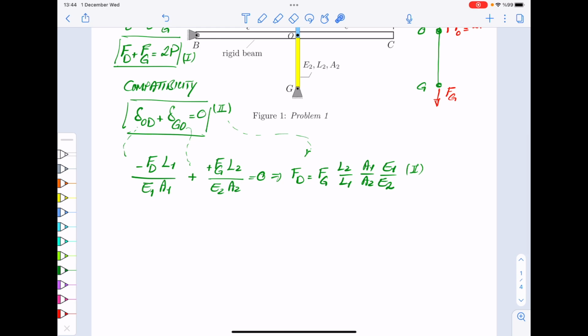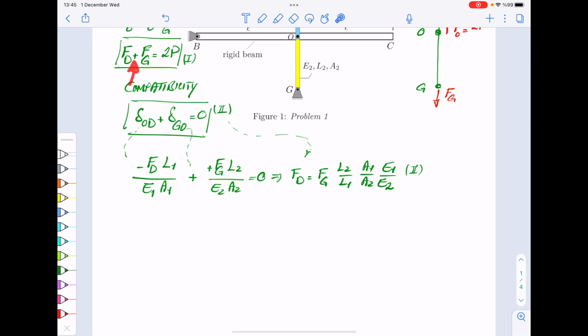So what you want to do is go back to this equation. Remember we said FD plus FG is 2P. Instead of FD, I'm going to write this: FG times L2 A1 E1 divided by L1 A2 E2.